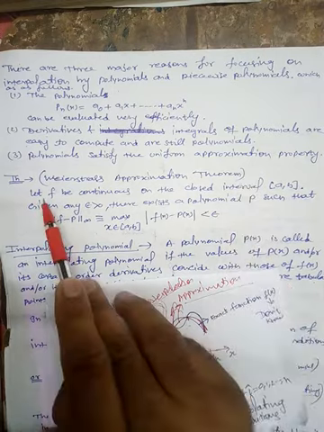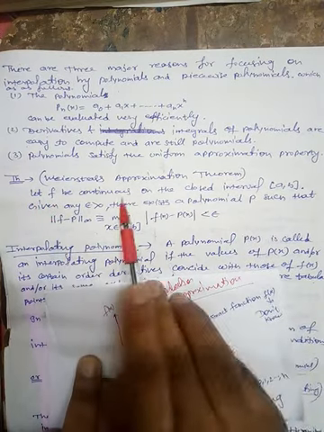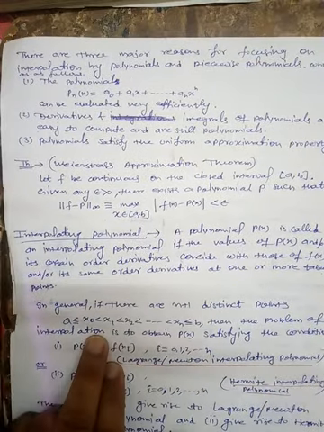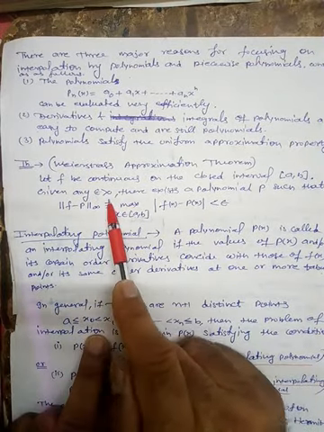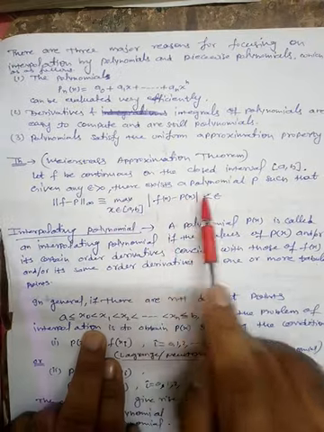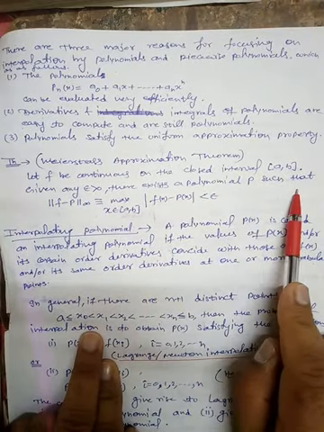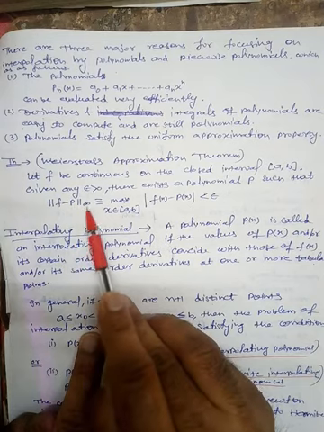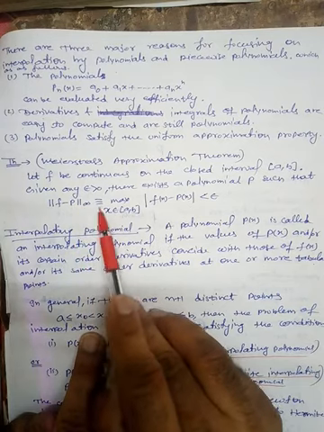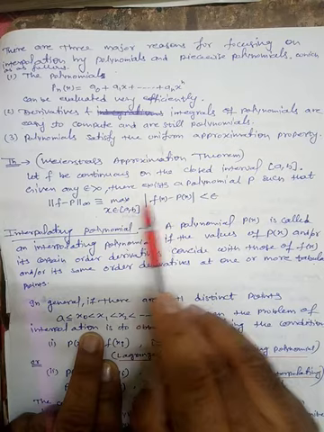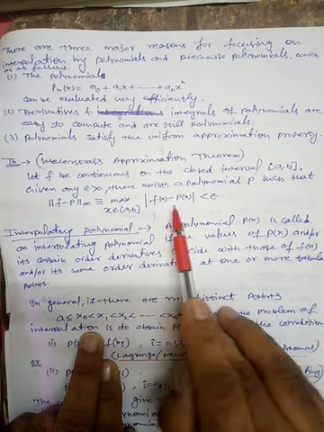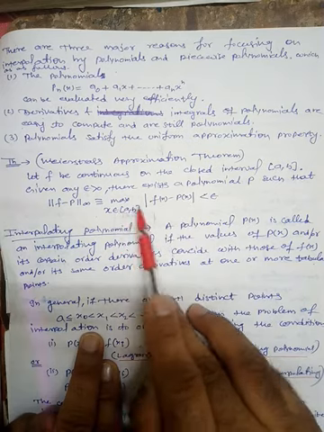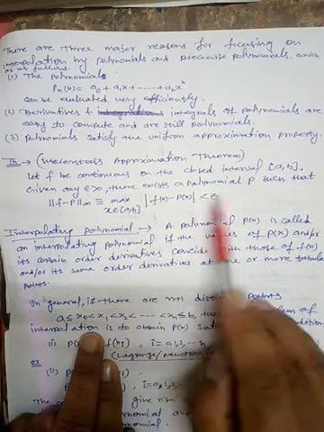What is the property? It says: let f be continuous on the closed interval [a, b]. Then for any given epsilon greater than 0, there exists a polynomial p such that the infinite norm of f minus p, which is basically the maximum of the magnitude of f(x) minus p(x) where x belongs to the closed interval [a, b], is less than epsilon.